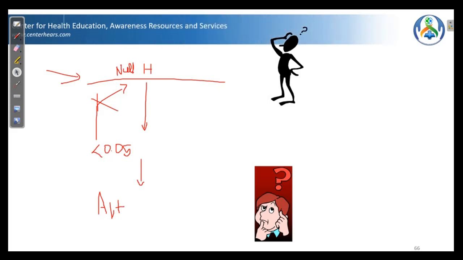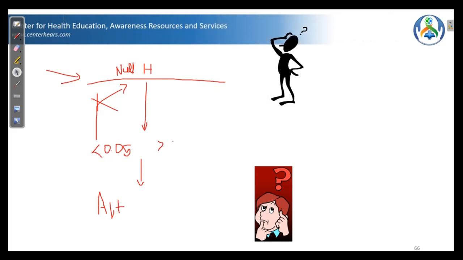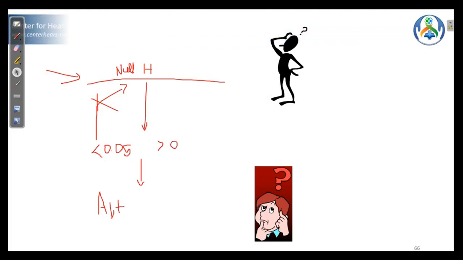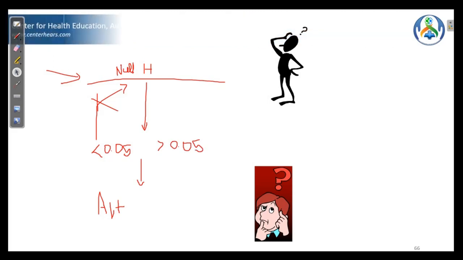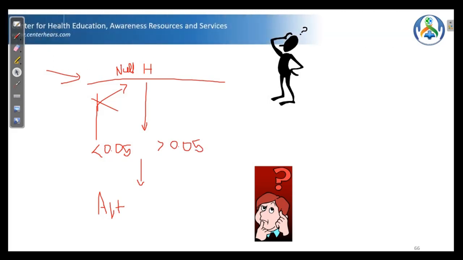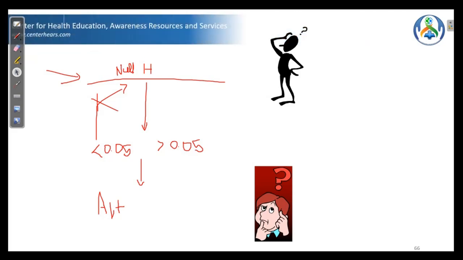But if it is more than 0.05, now this also depends on which type of study you are doing and how much error your study can tolerate. So mostly we take a confidence interval of 95%. What does this whole term actually mean?